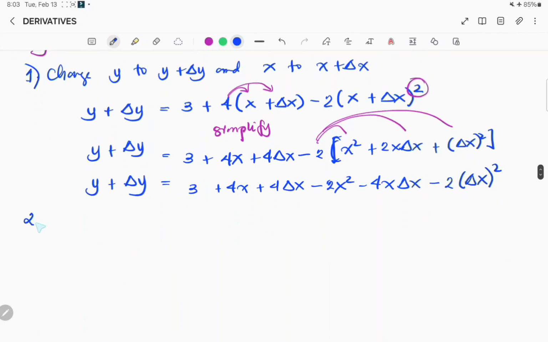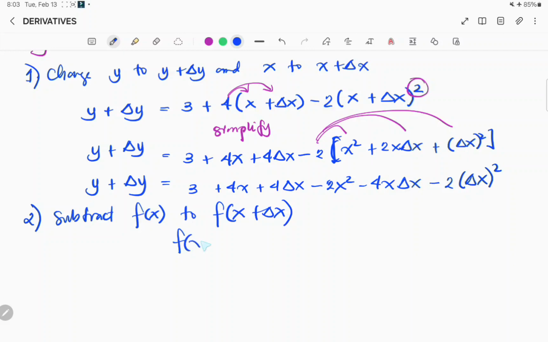Next, step number 2, subtract f of x from f of x plus change of x. And we know that our f of x from previous mathematics subjects is equal to y. This subtraction is just using the commutative property to move it to the right side of the equation, I mean our y variable.